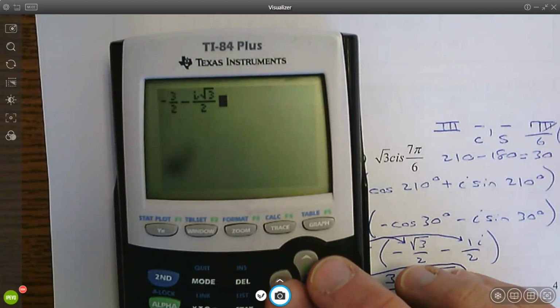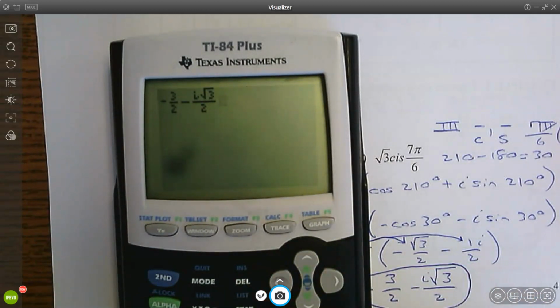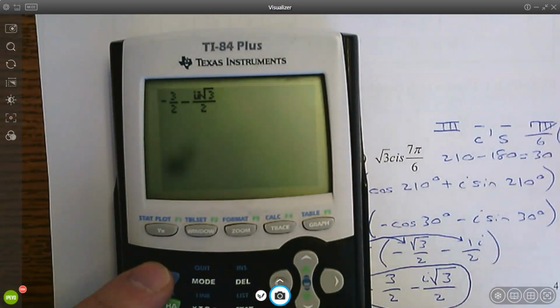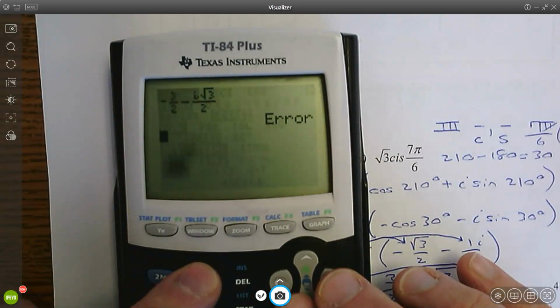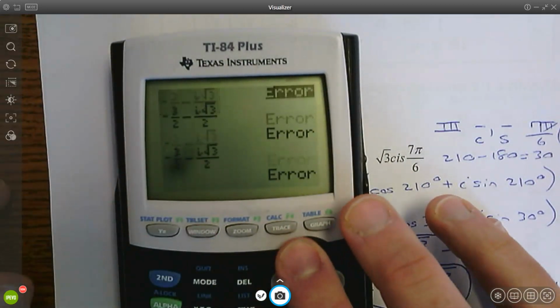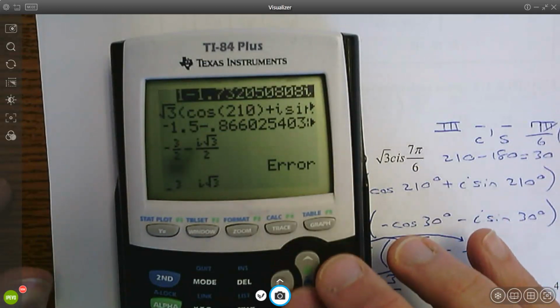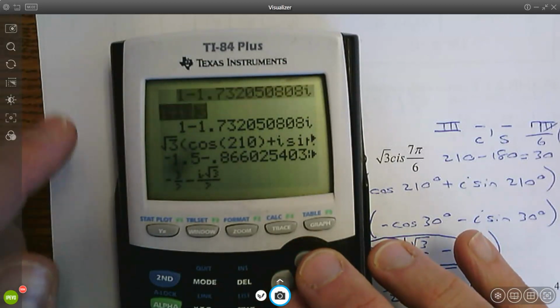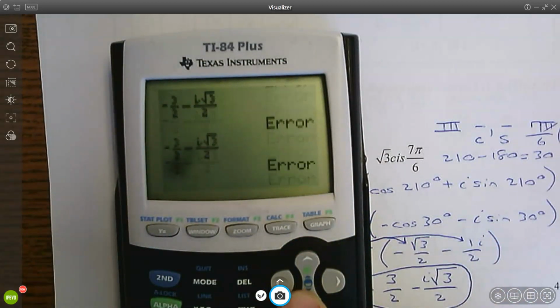And I've messed something up. I'm not sure what I messed up. Mode, I got the right mode. And the last one, I typed in something with I, right? Yeah, I was able to do that there, okay. I'm not sure why that's giving me an error.